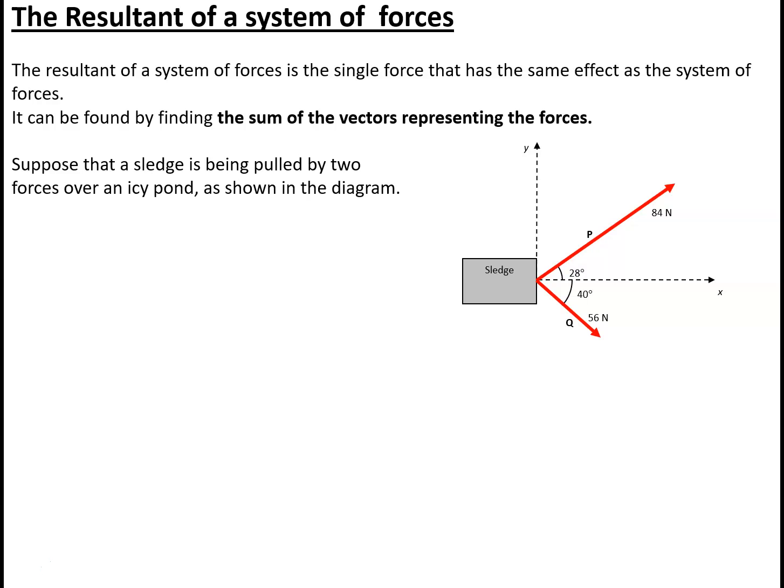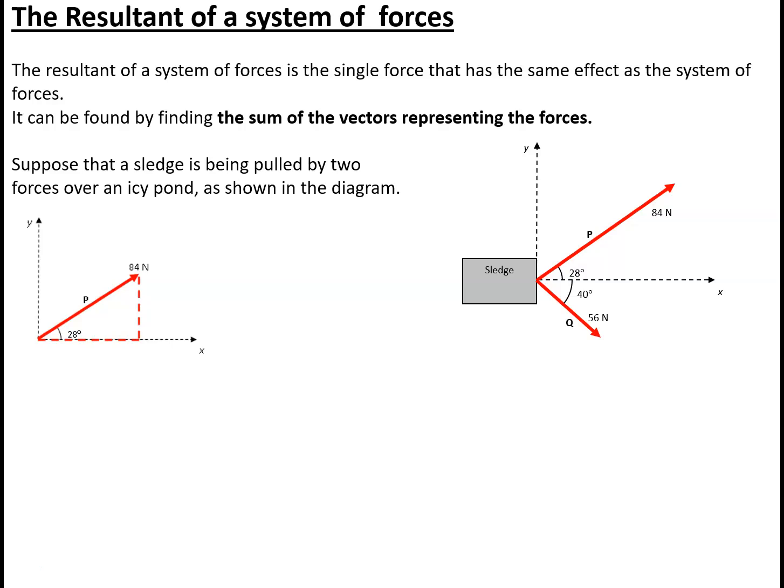The force P has magnitude 84 newtons and is making an angle of 28 degrees above the x-axis, and the force Q is making an angle of 40 degrees below the x-axis, and the force Q has a magnitude of 56 newtons.